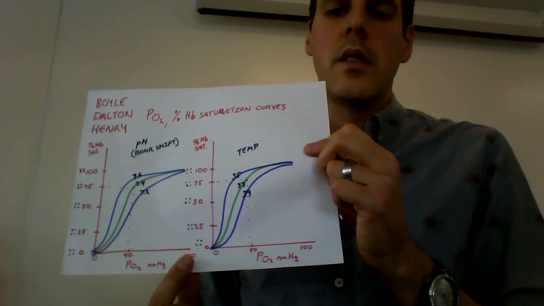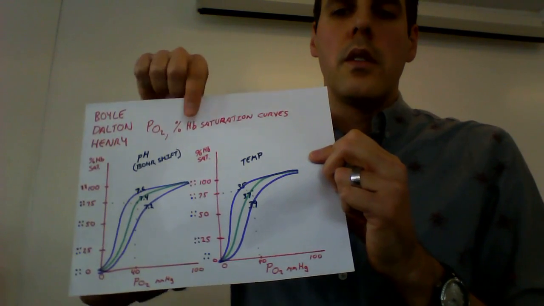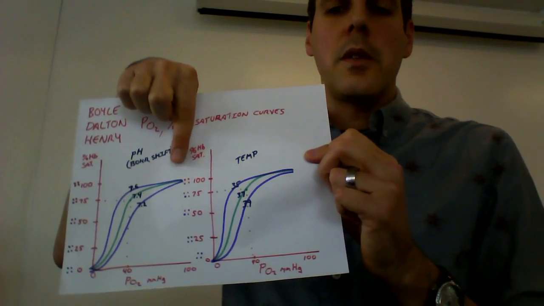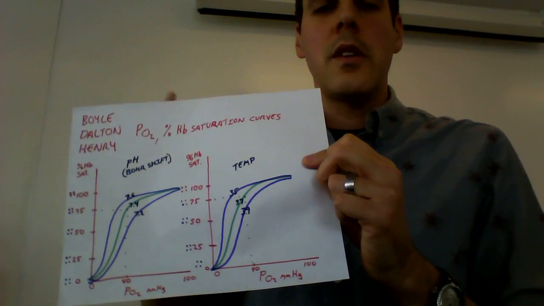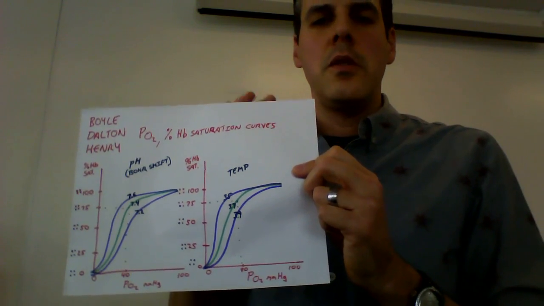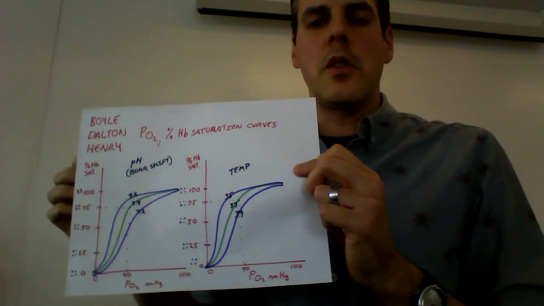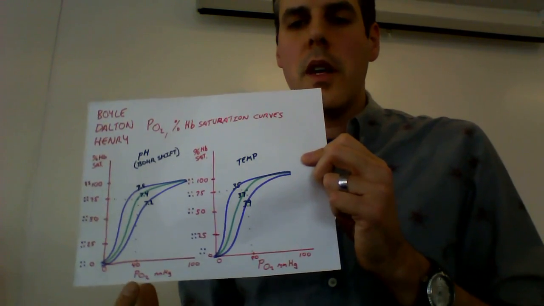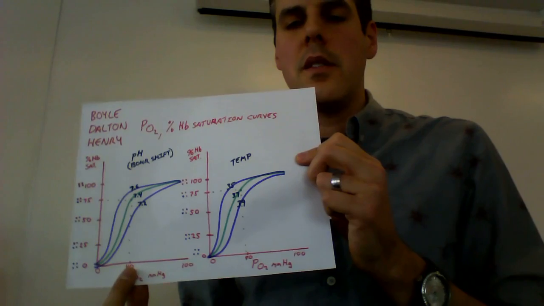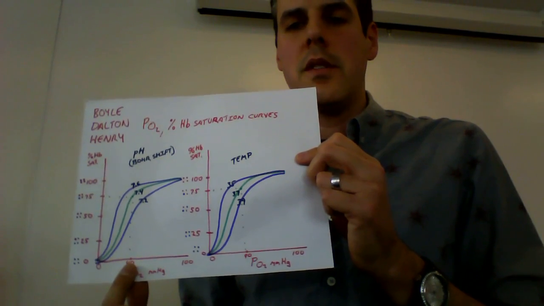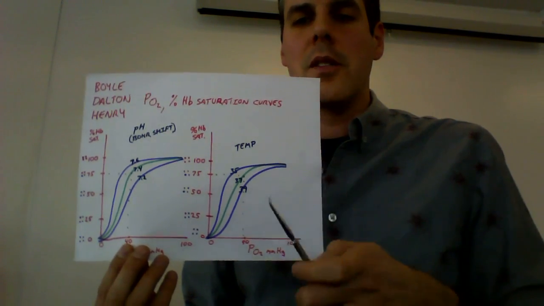Now in the lungs, PO2 is about 100. So hemoglobin is fully saturated. And then when you get to the tissues, PO2 typically is about 40 millimeters of mercury. Now, look at the graph at 40. It doesn't actually deliver all of its oxygen.